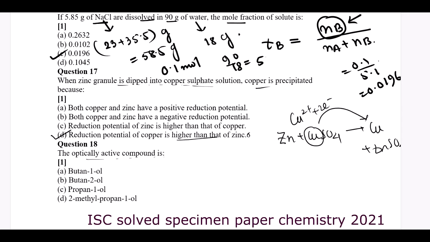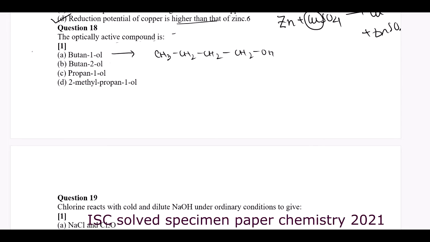The optically active compound is... let's draw the compound structures first. Butan-1-ol means butanol, so 1, 2, 3, 4, four carbons. At one position, hydroxide is present and the carbons have 3, 2, 2 and 2 hydrogens. Next, for butan-2-ol, the formula will be first CH3, CH2, CH2, CH3, and at the 2 position there will be an OH, so CH3-CHOH-CH2-CH3 this way.